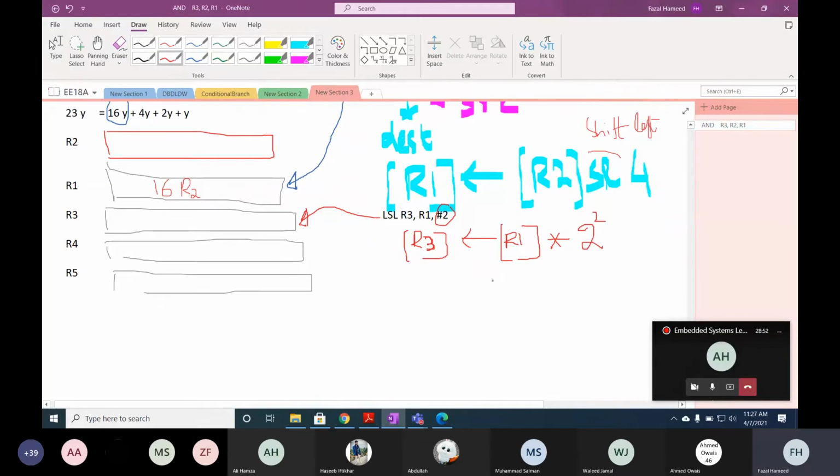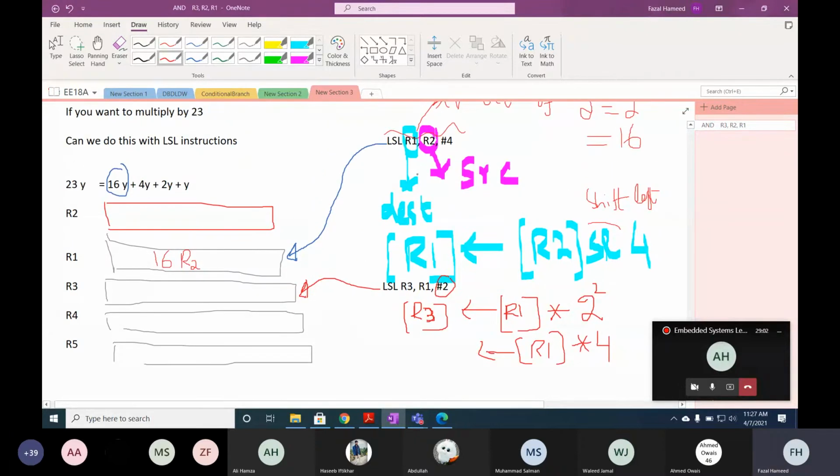And what is 2 raised to power 2? 4. So R1 multiplied by 4. Look above here.